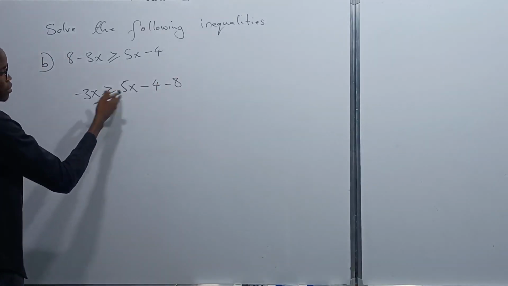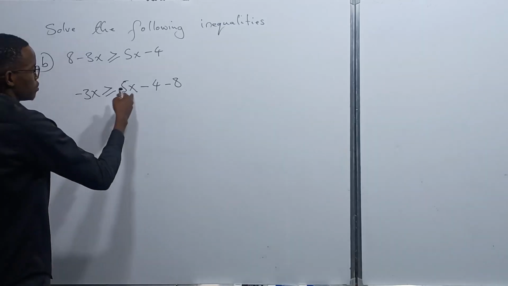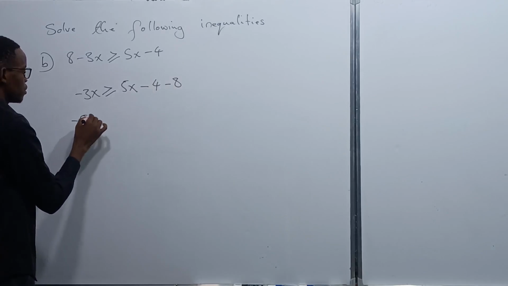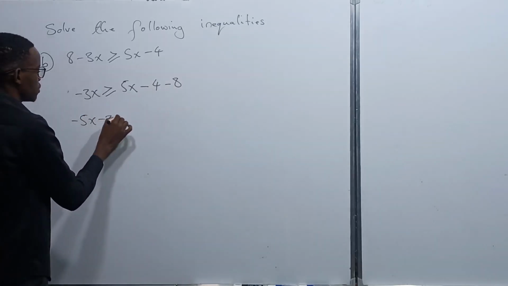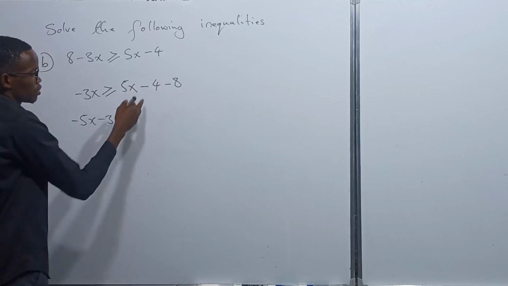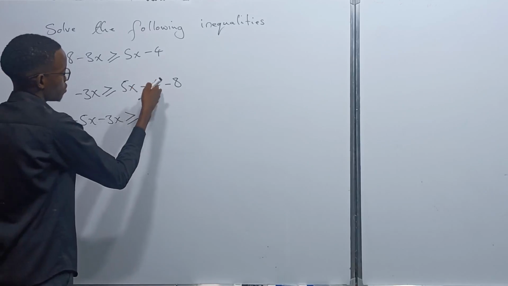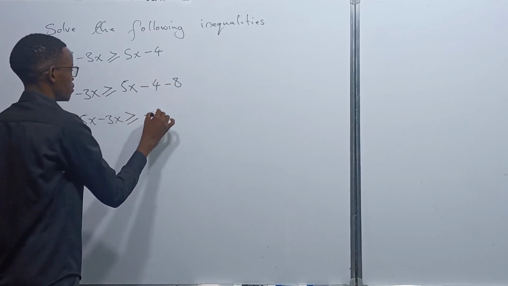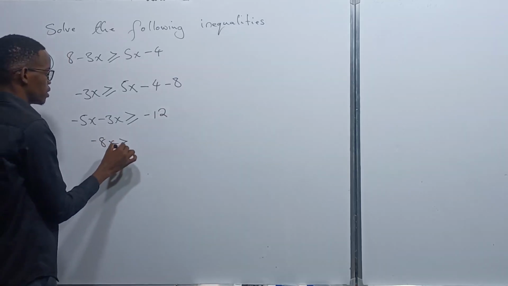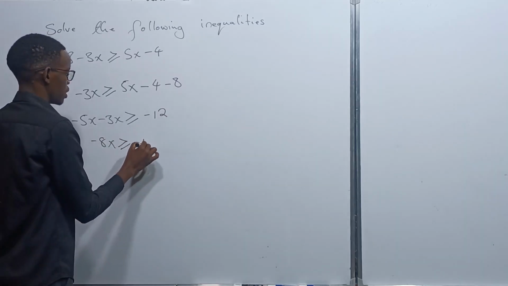Okay, next step, we subtract 5x from this side and 5x from this side. So we're going to have negative 5x minus 3x is greater than or equal to negative 4 minus 8, which gives us negative 12. This side we have negative 8x is greater than or equal to negative 12.